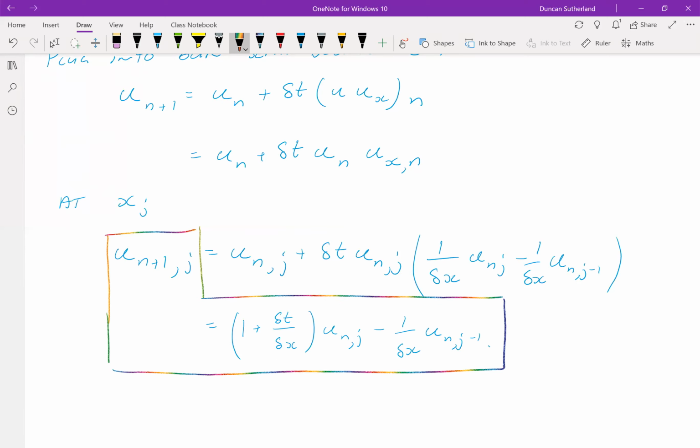So we could code that up in MATLAB, loop in time and space, and we could get an answer. It wouldn't be a very good answer. This isn't a particularly accurate numerical scheme, but that's how we go ahead and apply a couple of numerical schemes, namely the Euler's method and the first order backwards finite difference scheme, to a PDE.